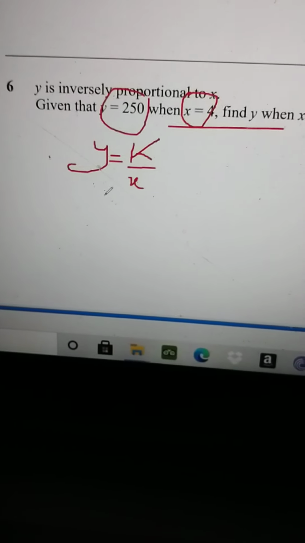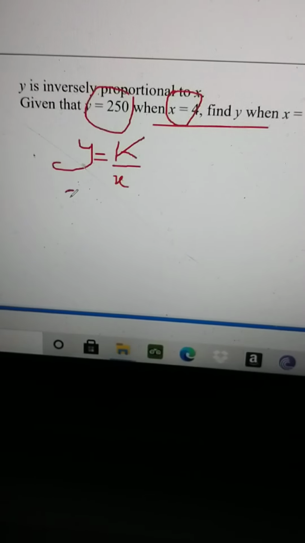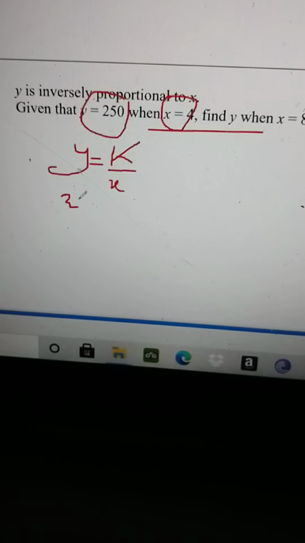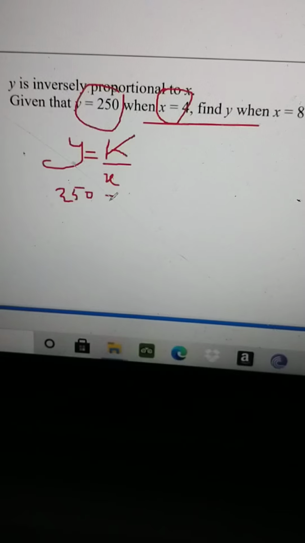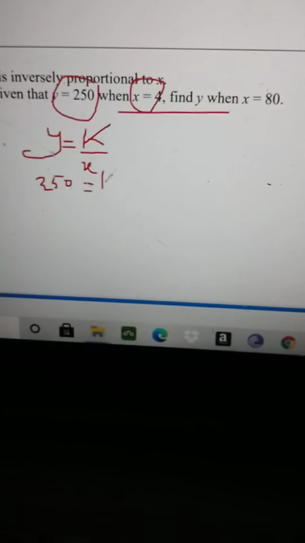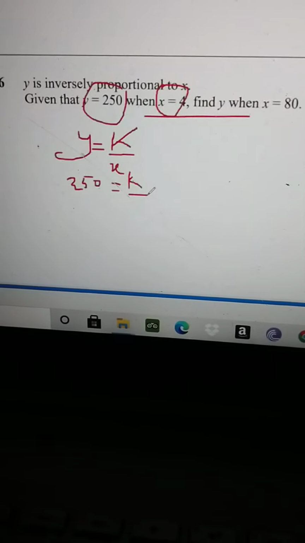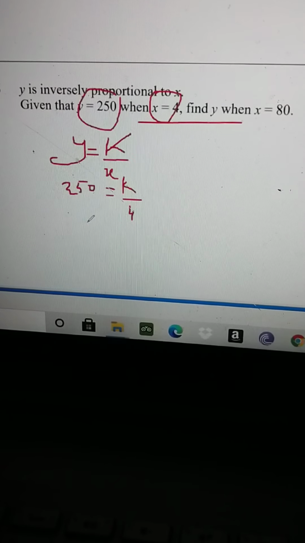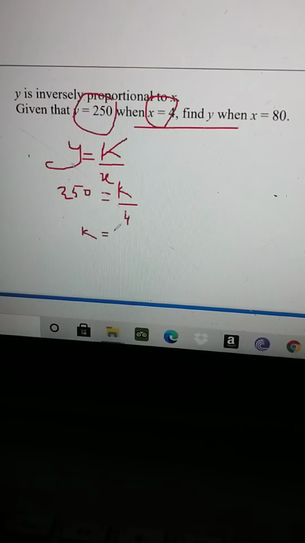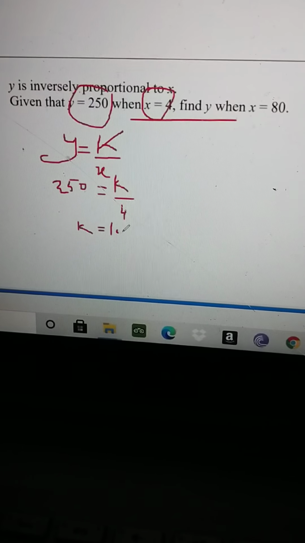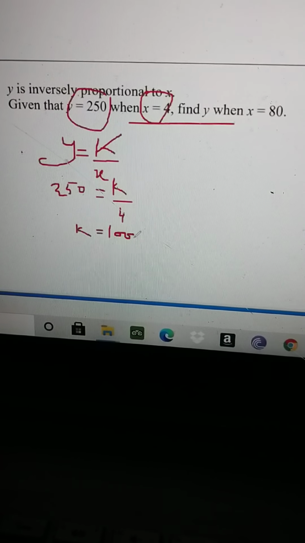Now put the initial values, y is 250, and x is given to you as 4. So this is 250 equals k upon 4. So k will be equal to 4 times 250, which will give you 1000.